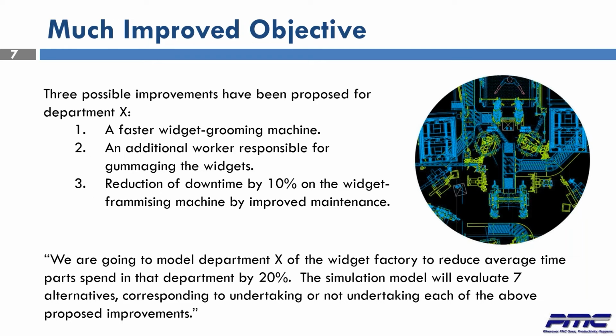Numerically measurable objectives, a well-defined, ideally narrow scope, especially for your first model, and a list of alternatives to be considered. So do this, objectives and scope, before taking any other steps.